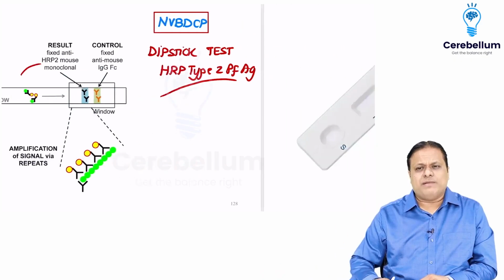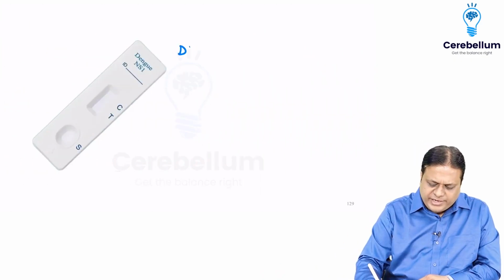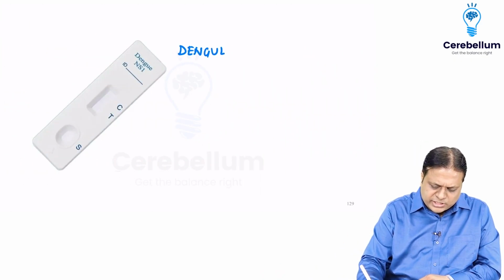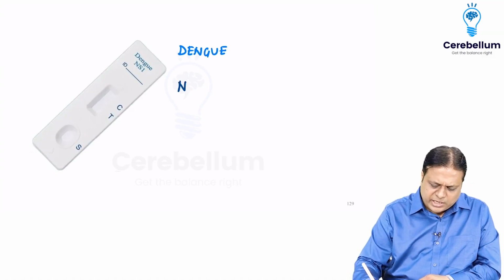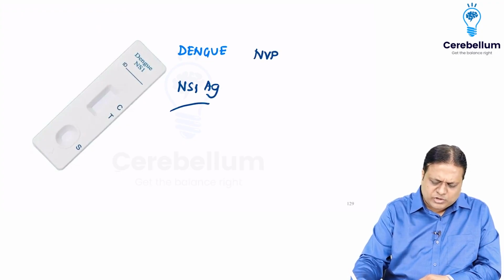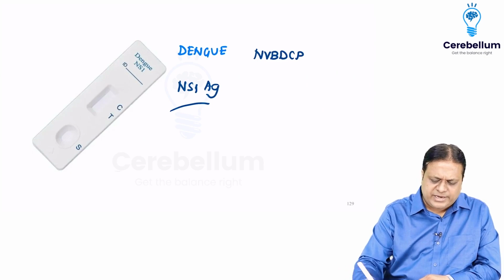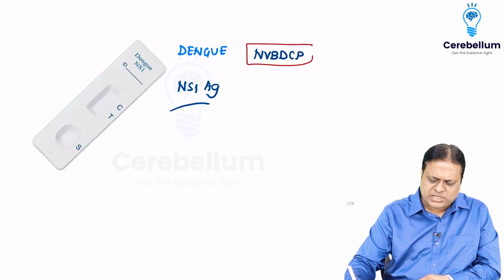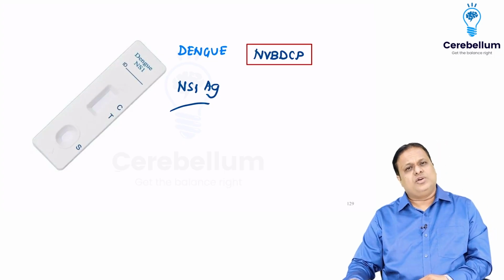Under the same program, please remember, for dengue diagnosis serologically, we are using NS1 antigen. Now, what is the advantage of NS1 antigen? It can come positive in the first 7 days, 3 days, or even the first day of illness.